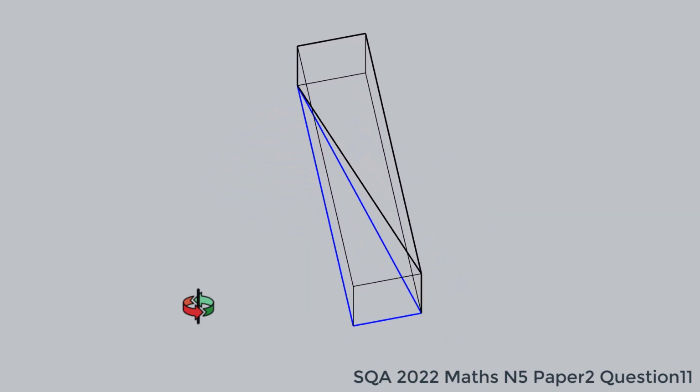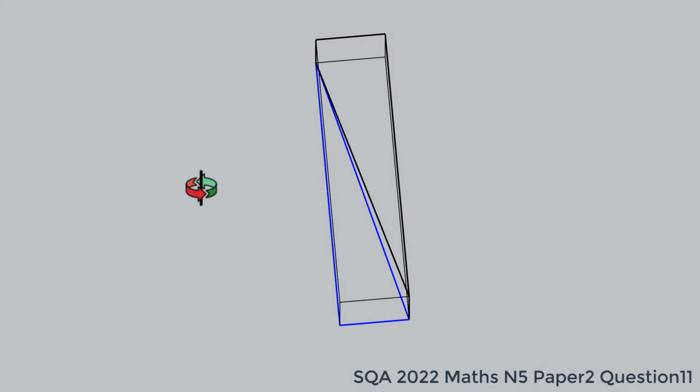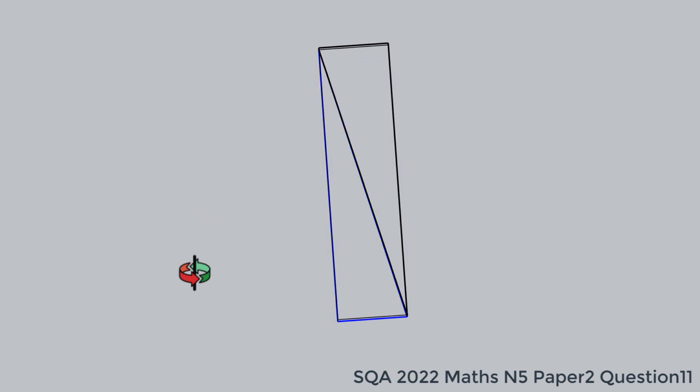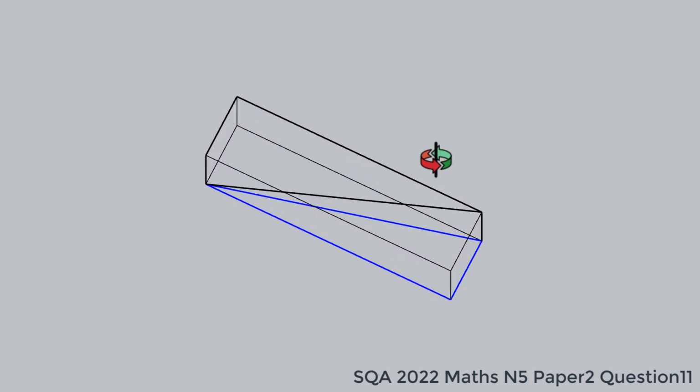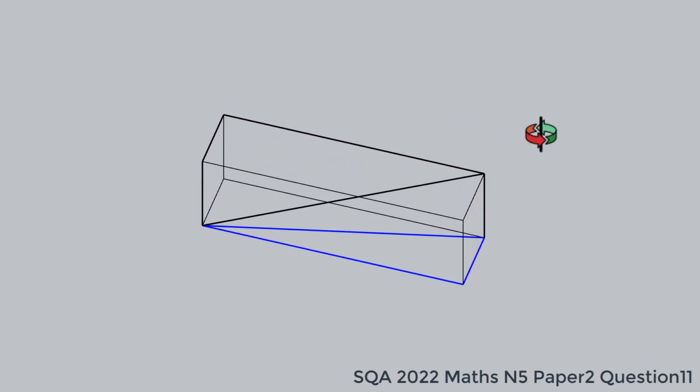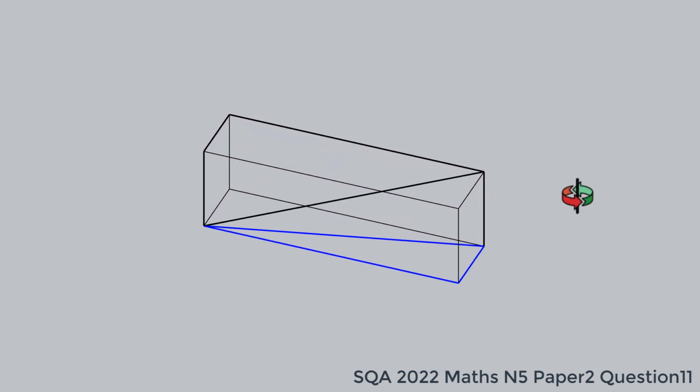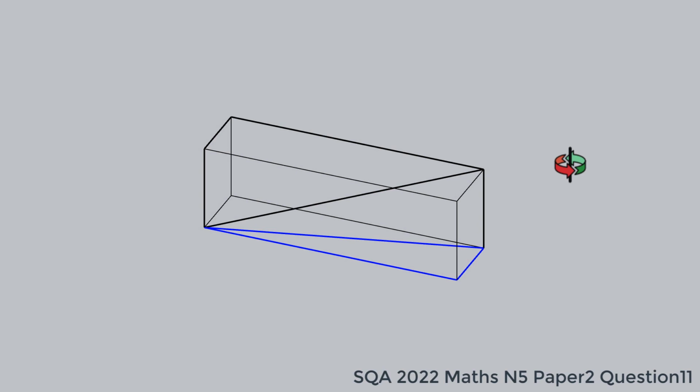Let's just look down on that. You can see there's the right angle triangle. So that's the right angle triangle on the base, and we're going to be using that triangle. And of course there's another one that we'll be using, which consists of this side and the space diagonal.